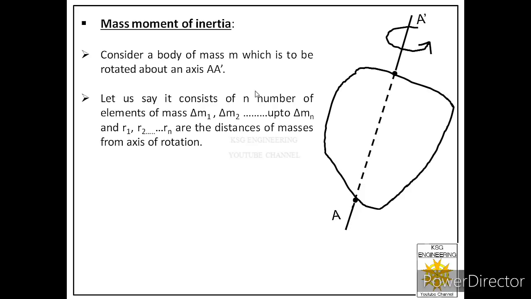Let us say it consists of n number of elements of mass delta m1, delta m2 up to delta mn, and let us say r1, r2 up to rn are the distances of these masses from the axis of rotation. So we have divided this body into n number of elements, and we considered their masses as delta m1 up to delta mn, and their distances from the axis of rotation are marked as r1, r2 up to rn.